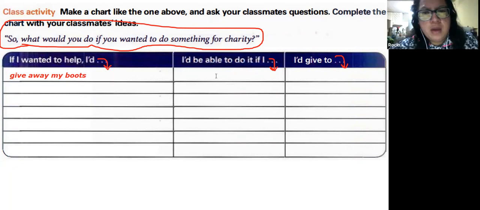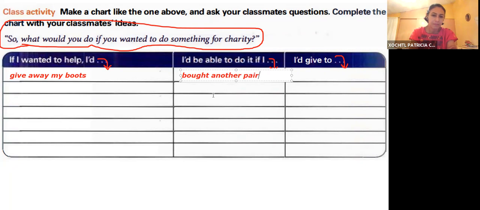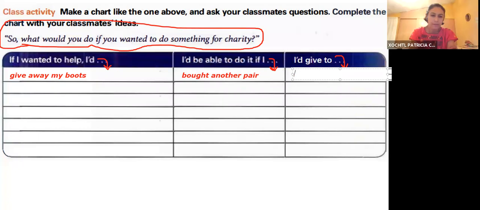I'd be able to do it if I bought another, and I give to a cowboy. Right?